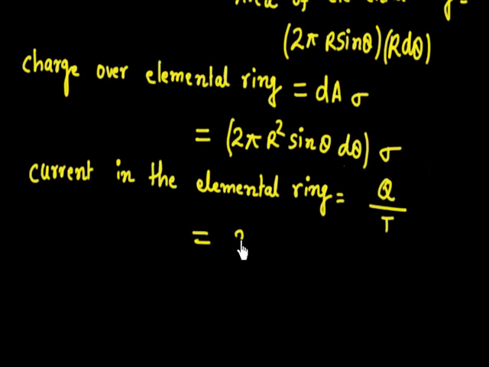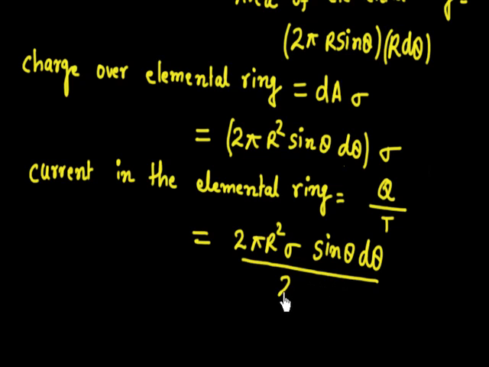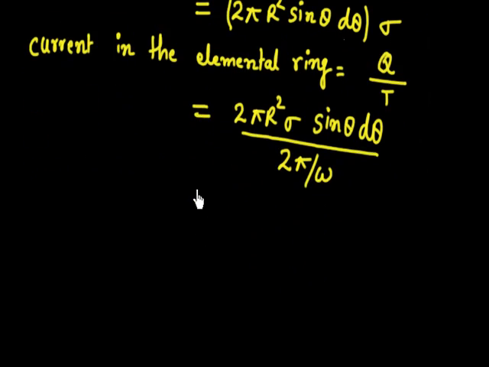So we will have 2 pi r squared sigma sine theta d theta divided by time, and time is 2 pi by omega. So 2 pi goes, and I will have omega r squared sigma sine theta d theta. Are you getting or not? So this is the total current in the elemental ring.